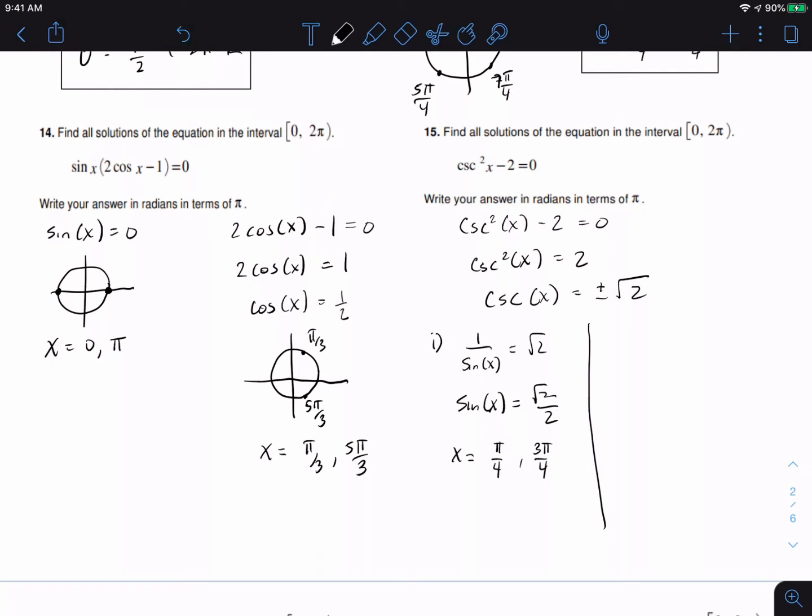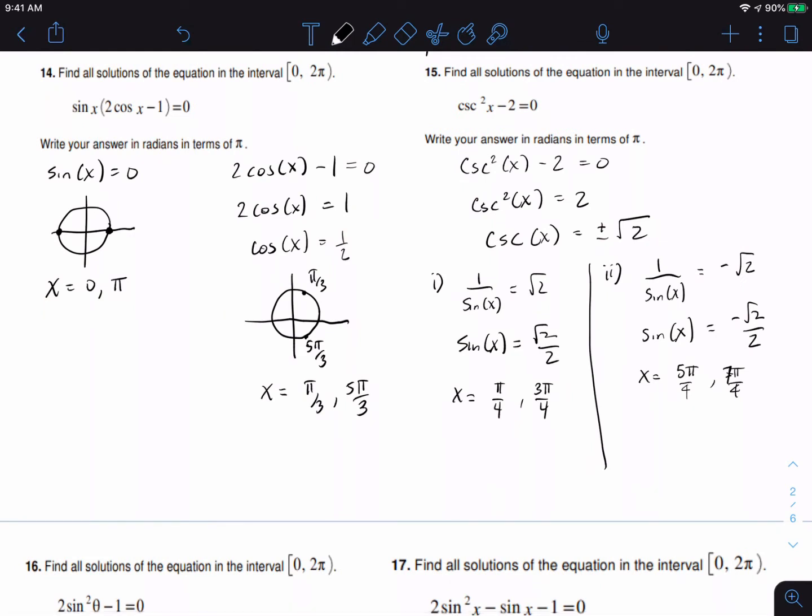And then for the other case, the negative case, it's going to be the same situation. Sine of x is equal to a negative radical 2. So then sine of x is going to be equal to negative radical 2 over 2, and that's going to occur at 5 pi over 4 and 7 pi over 4. Okay, does that make sense?